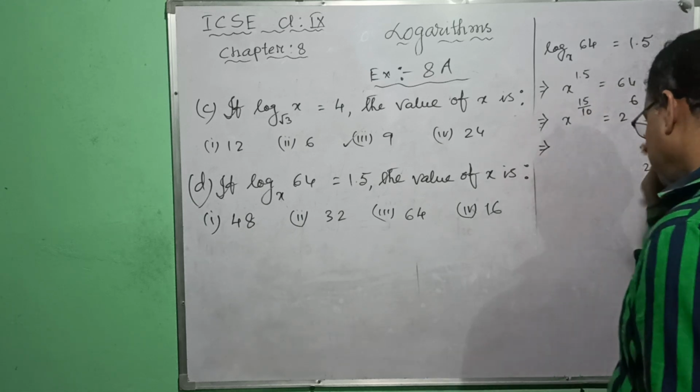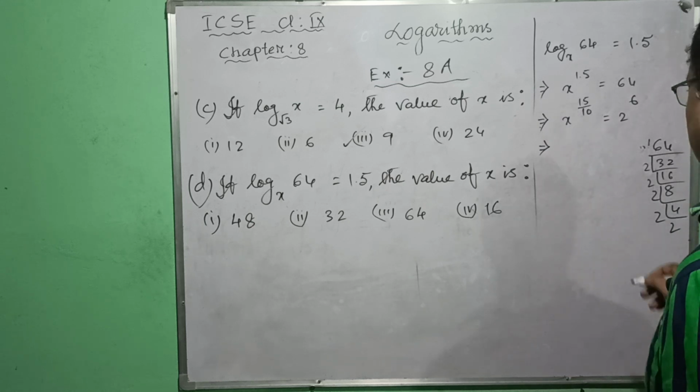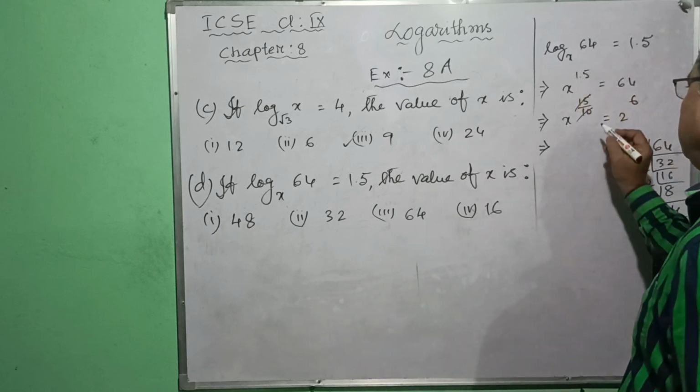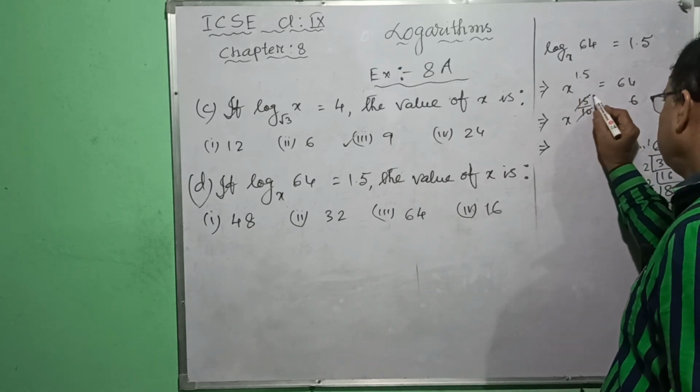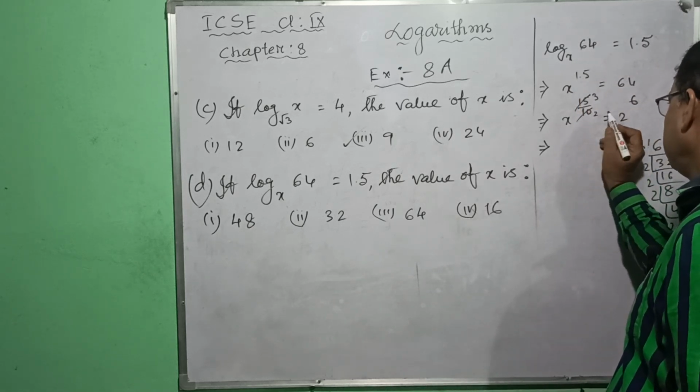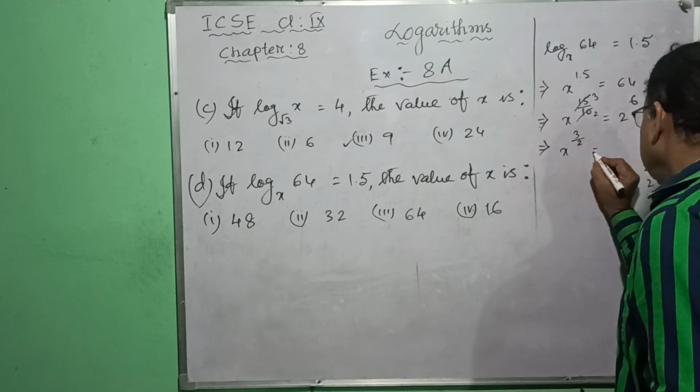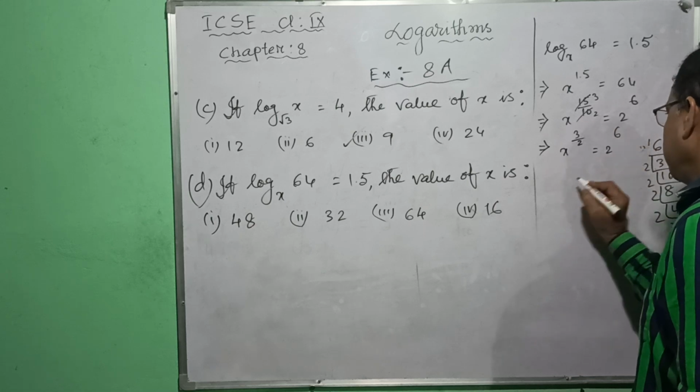This implies, here we can cut it, it is 3 and here it is 2. So here it is x to the power 3 by 2 equal to 2 to the power 6.